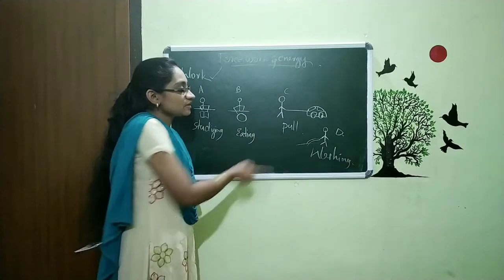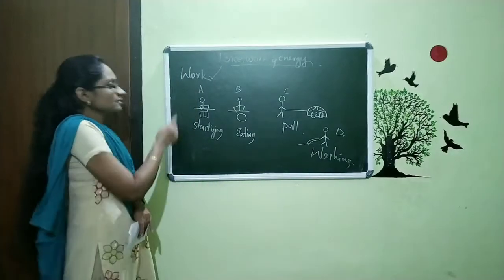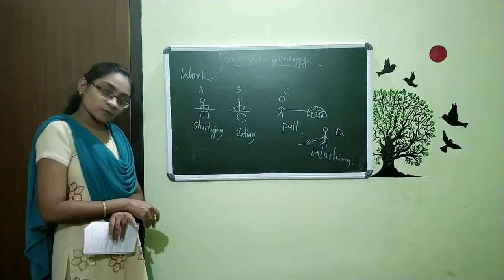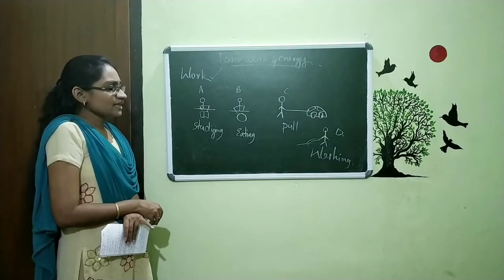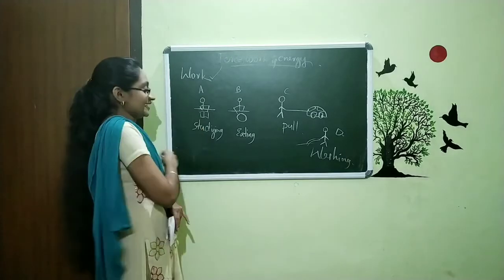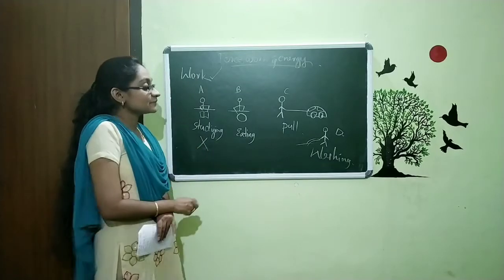What about C? And what about D? You will say that in all the cases, all of these children are doing work. But I am saying that this first child is not doing work. No work takes place.